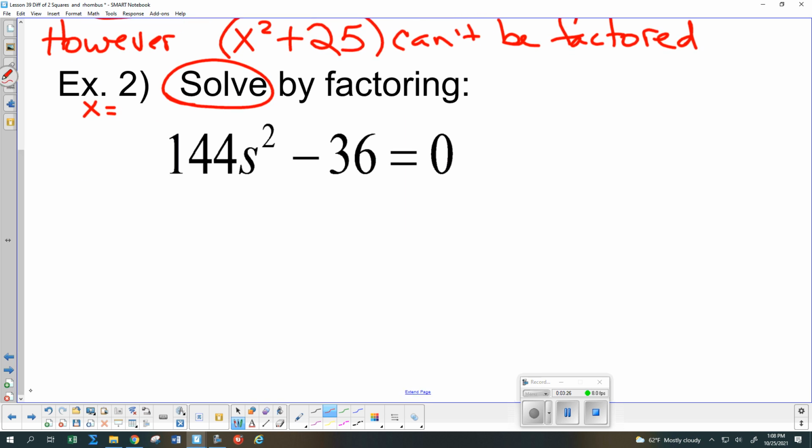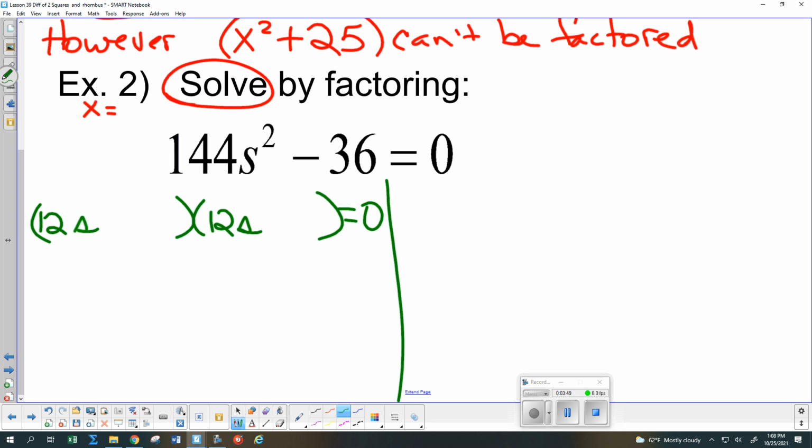I'd like to do this second one two different ways. Do we have a minus sign? Can we take the square root of 144 and of s squared? What is the square root of 144, everybody? So we can write two parentheses that both start with 12s.